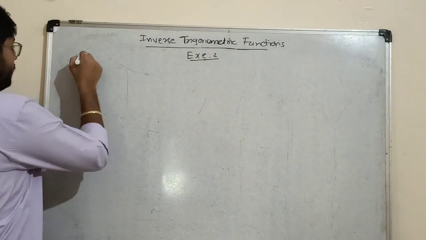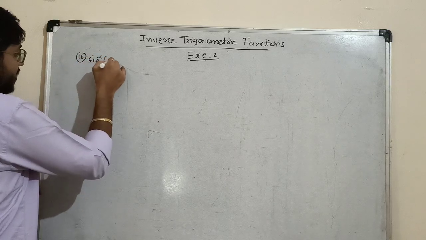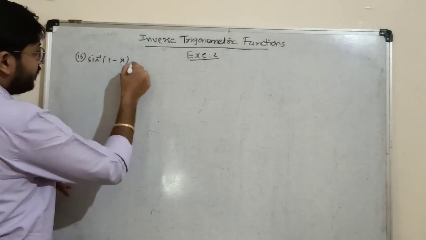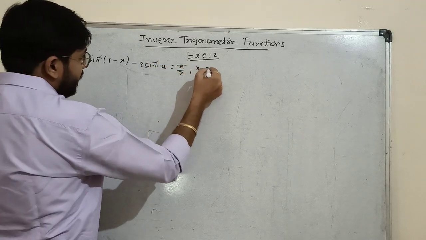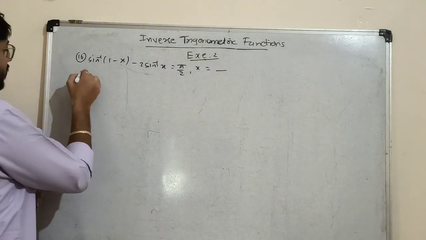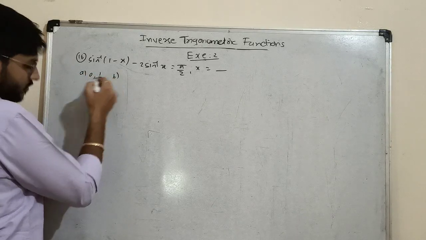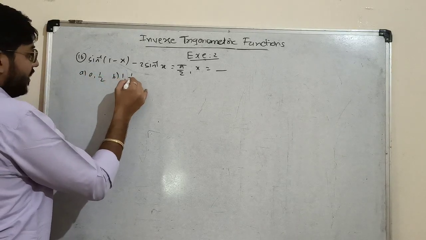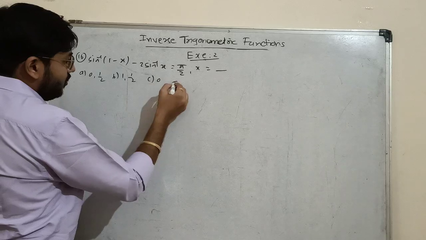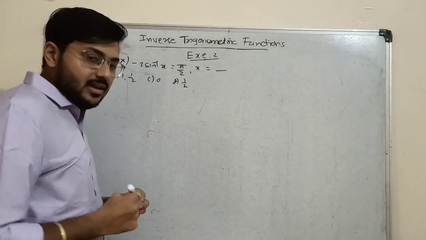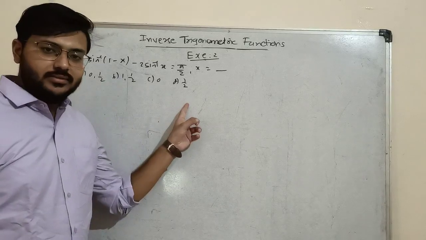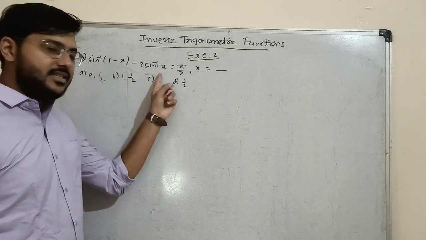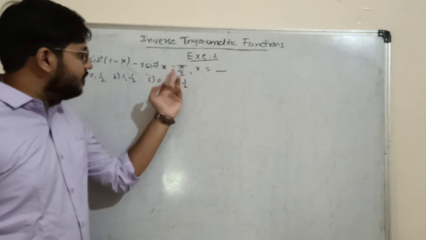Number 16 has sine inverse (1 minus x) minus 2 sine inverse x equals pi by 2. Then x equals dash. We have options 0 and 1 by 2, 1 and 1 by 2, 0, and 1 by 2. Now, the direct method: just take the values from the options, put them into the LHS and check which gives you pi by 2.